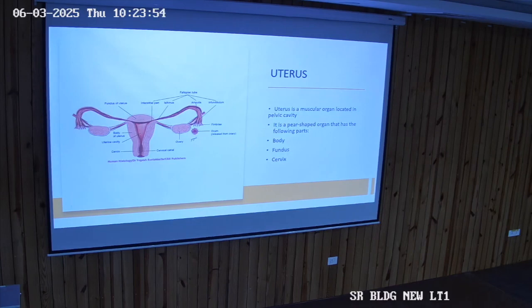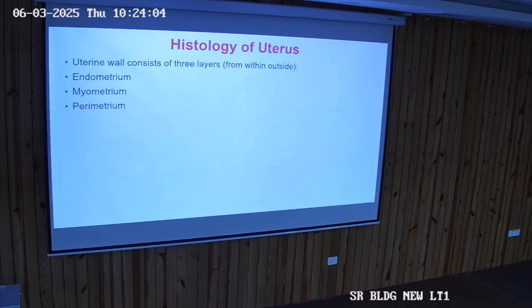Then coming to the uterus, it has the fundus, that is the upper part, then the body and the cervix. Now if we see the histology picture of the uterus, it has three layers: endometrium, myometrium and perimetrium.